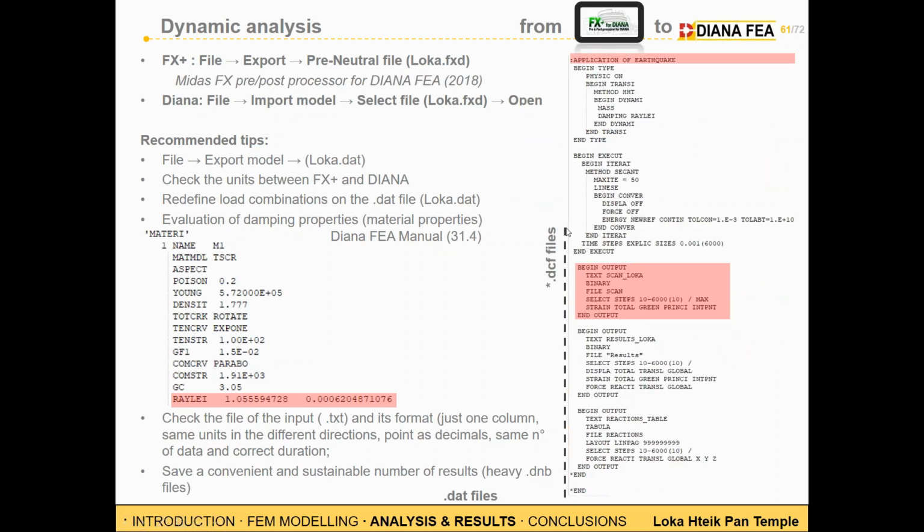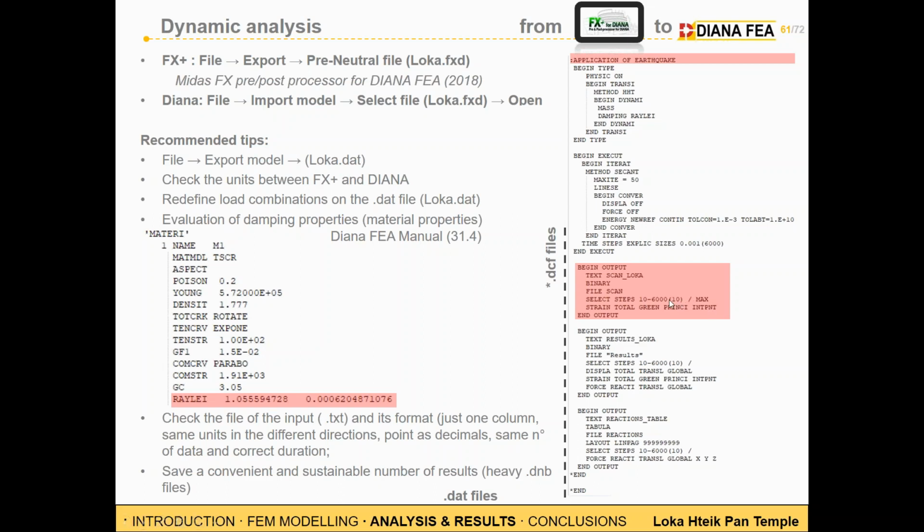Okay, then we also have to take the DCF file to run the analysis, and I suggest you ask not only for the normal result but also for the scan result. Having the scan result means that we are going to sum all the information of each time step until the end of the analysis.